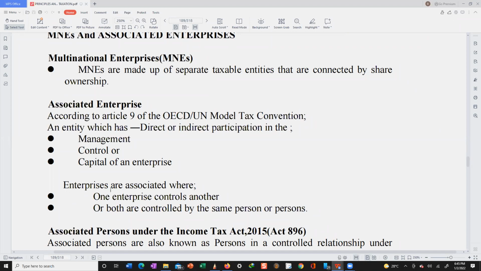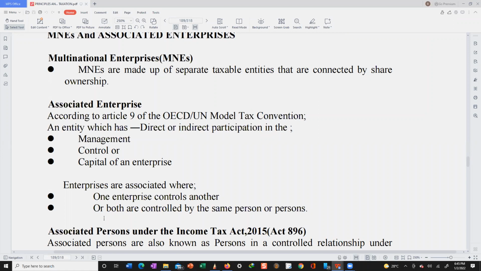So you see a related party may be somebody who has common control, who has control or who has significant influence in an entity, the same way that person participates directly or indirectly in the management, the control, or the capital of a particular enterprise. So if you own shares, you're a key management personnel, close family member, all these people are deemed as associated persons. Okay, so that is what we mean.